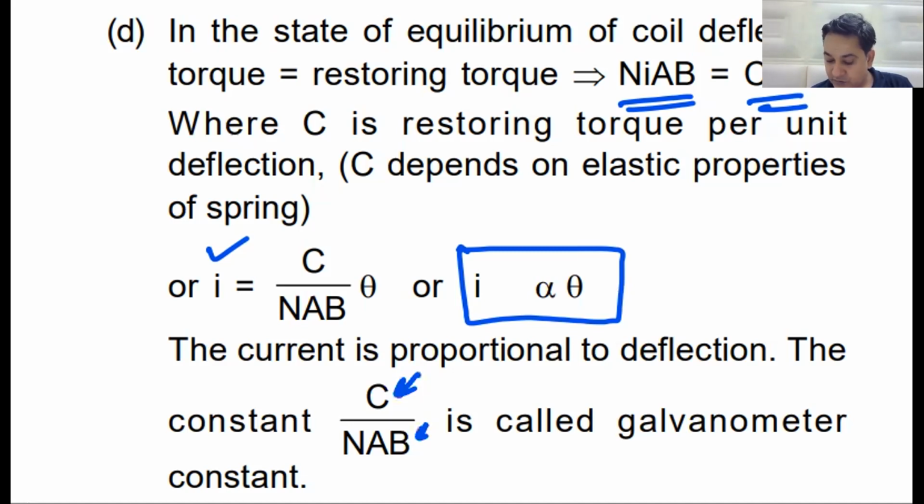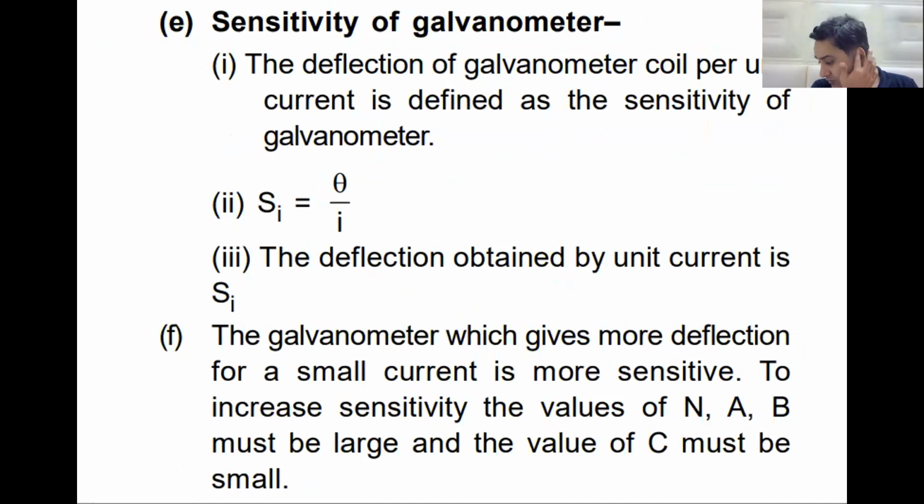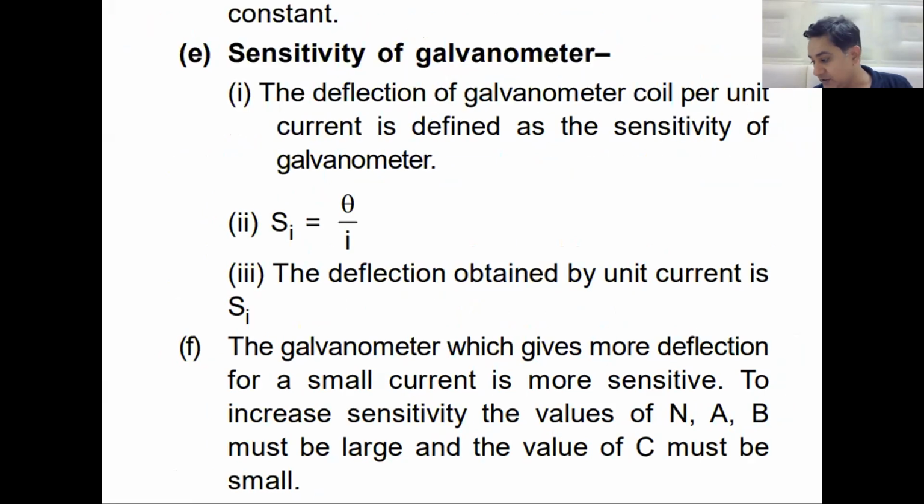Yes, sir. Okay. If you know this, then you must also know what is meant by sensitivity of the galvanometer. Yes or no? Just go through this. Sensitivity of the galvanometer is nothing but deflection per unit current. Do we understand this? How much it deflects for a unit current.